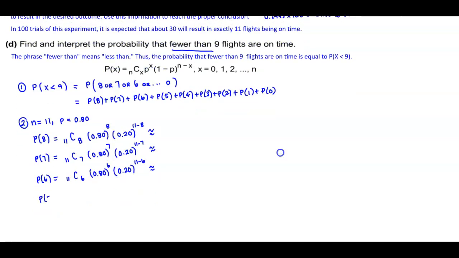Then we get the probability of 5, which is equal to 11 combination 5, times 0.80 to the 5th power, times 0.20 to the 11 minus 5. And then we get the probability of 4, which is 11 combination 4, times 0.80 to the 4th power, times 0.20 to the power of 11 minus 4.